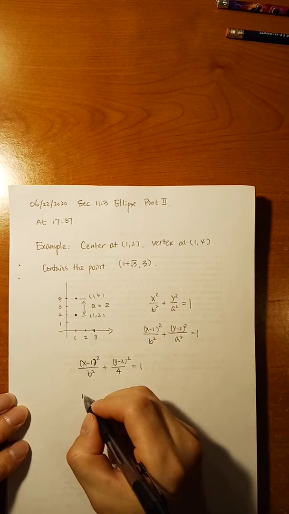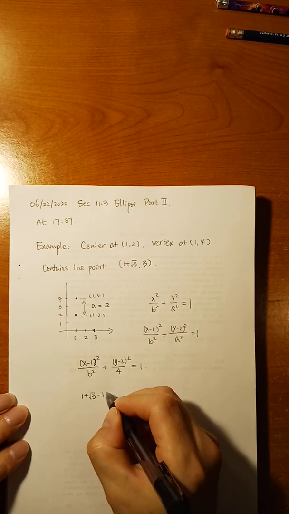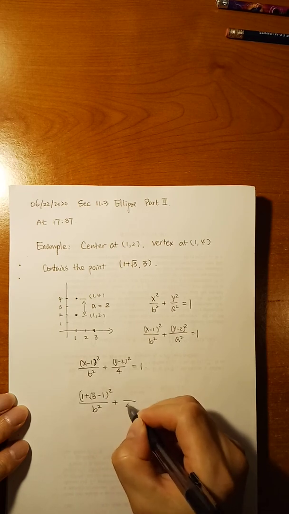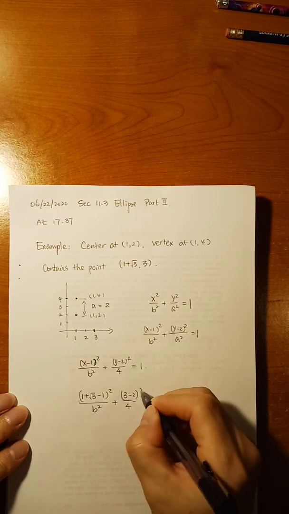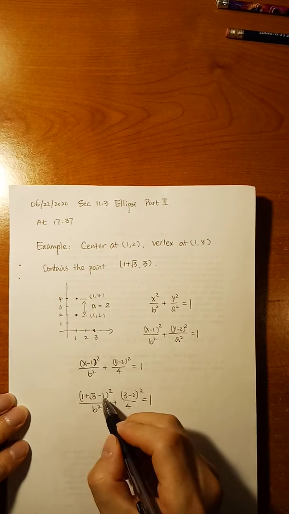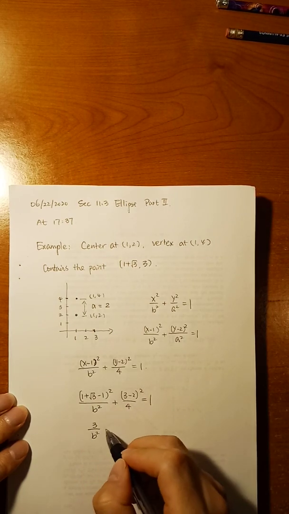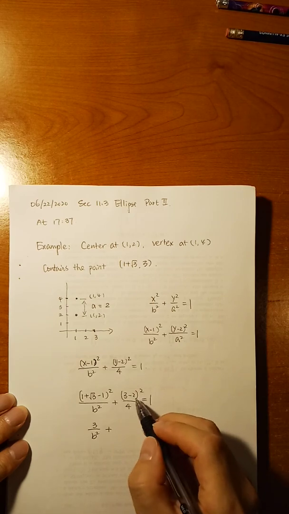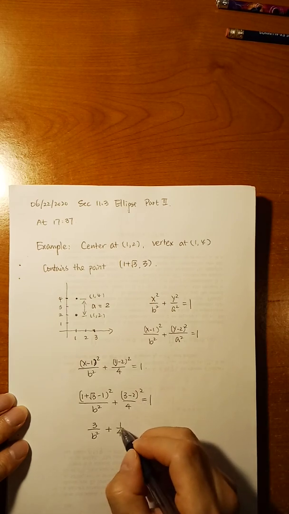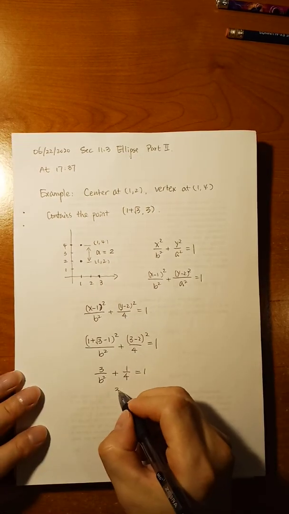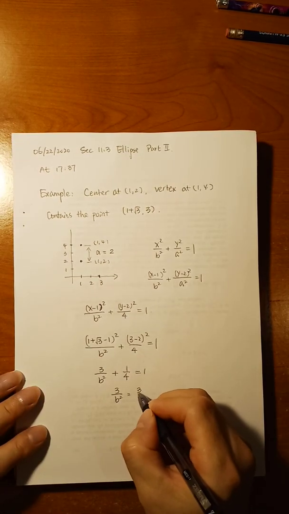So let's put it here. So 1 minus 1 cancels. Square root of 3 squared is 3. 3 minus 2 is 1. 1 squared is 1, over 4 is 1 over 4. Okay, and here we get 3 over b squared is equal to 3 over 4.